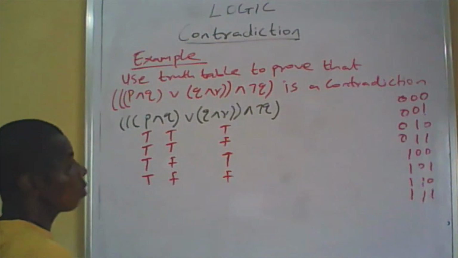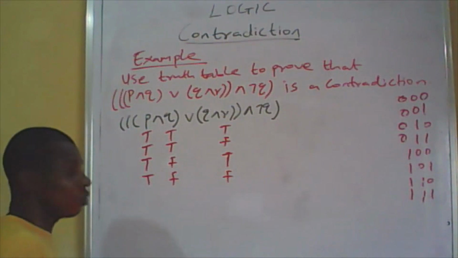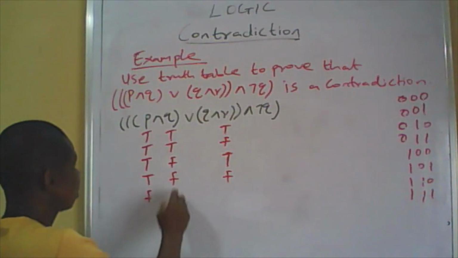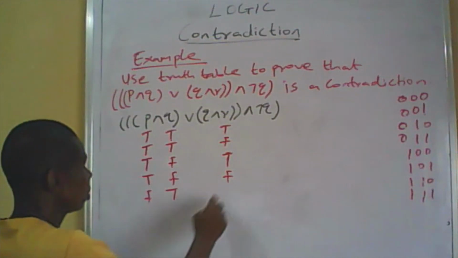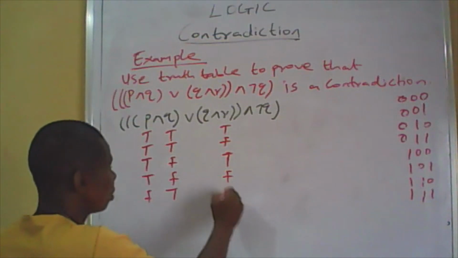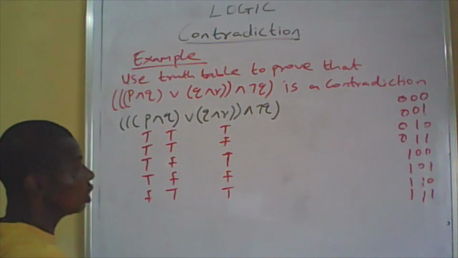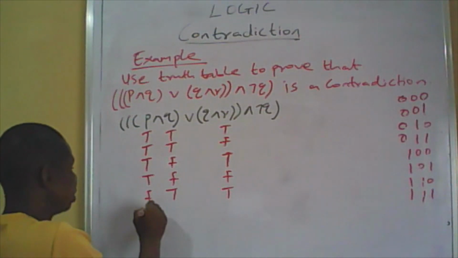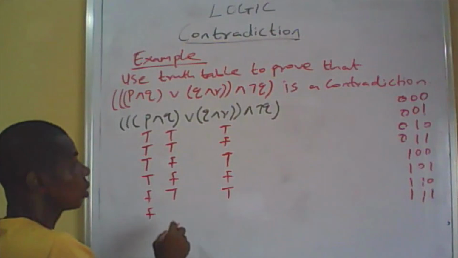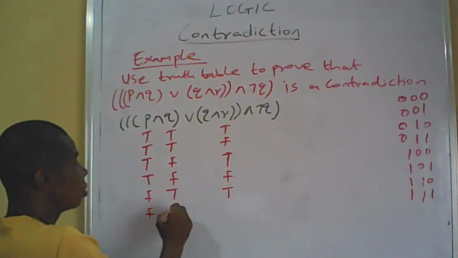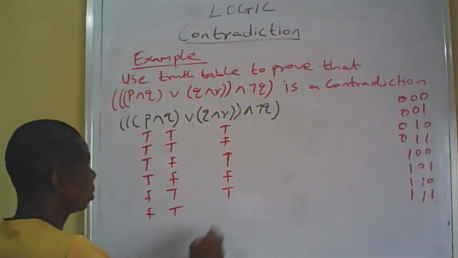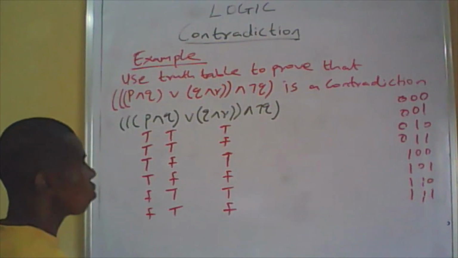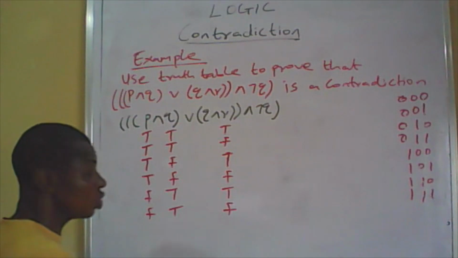Then we have 11, that means 011. That means P is F, Q is T, then R is T. Next one is 10, that means 010. That means P is F, then Q is T, then R is F. Another one is 1, that means 001.